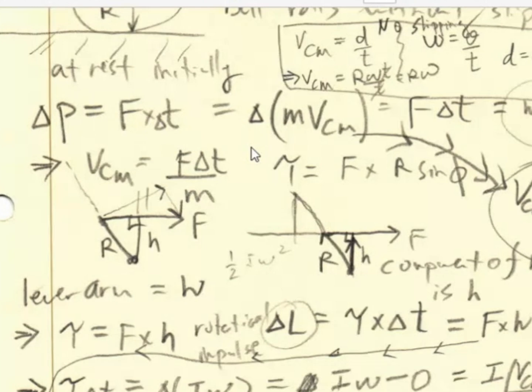And he's redrawn this diagram again here. So the force is in the horizontal direction. This is the radius R of the billiard ball, and h is the lever arm. So we need both the impulse, and also the torque, which would produce an angular momentum impulse.